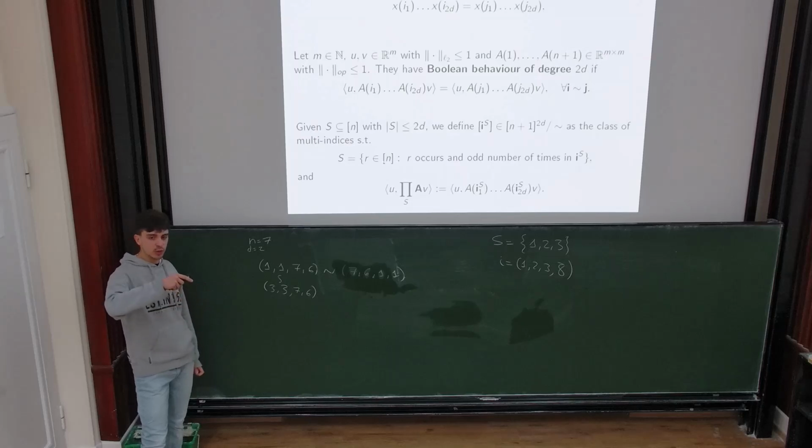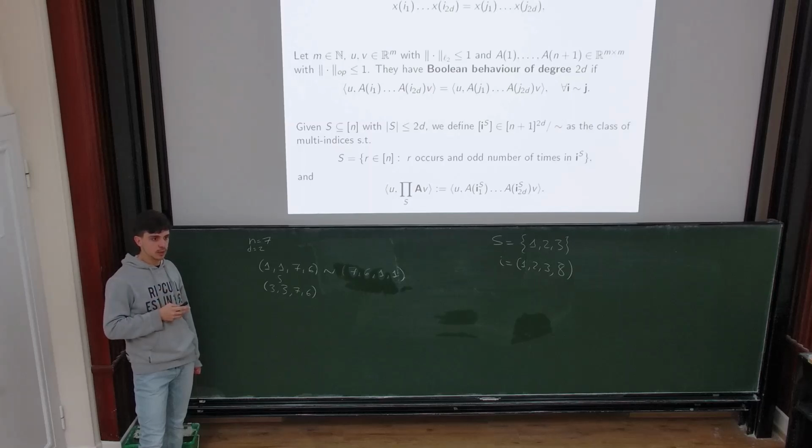So if I want to define the evaluation of the character S on these matrices, which I denote this way, what I'm going to do is pick a representative of this class and just take the product indicated by this representative, and this is going to be a good definition because for any representative of this class, this product is going to be the same, thanks to the fact that we are looking at U, B, and A's with Boolean behavior.